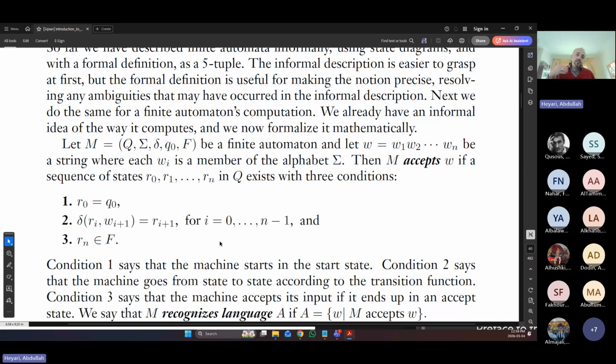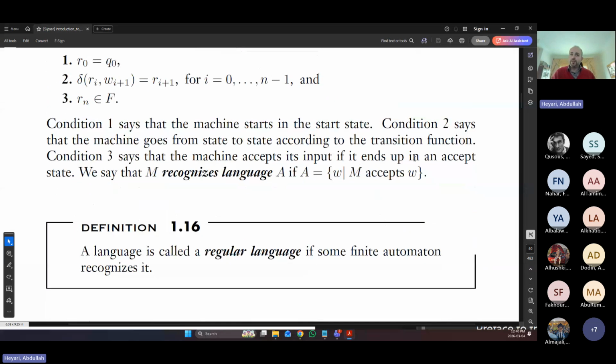We say that M recognizes this language, meaning machine M is doing a computation that recognizes all strings belonging to that language, and of course rejects all other strings.